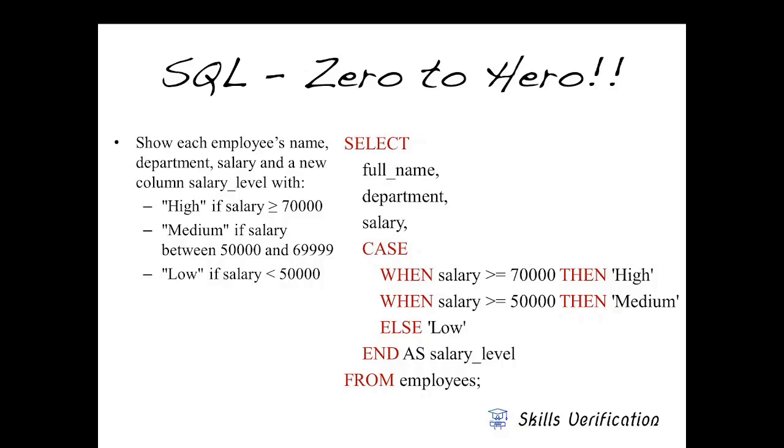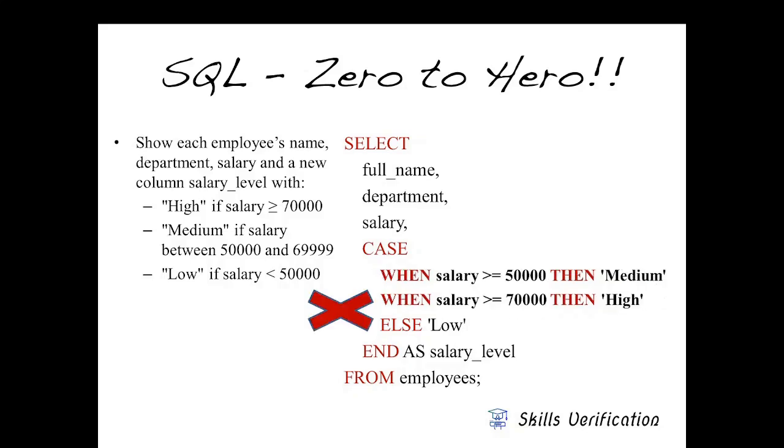That means the order of the conditions matters a lot. Take the example of someone who earns $70,000. If we first check whether their salary is greater than or equal to $50,000, that condition is true. So SQL immediately returns the label medium and never gets the chance to check whether it should have been high instead.